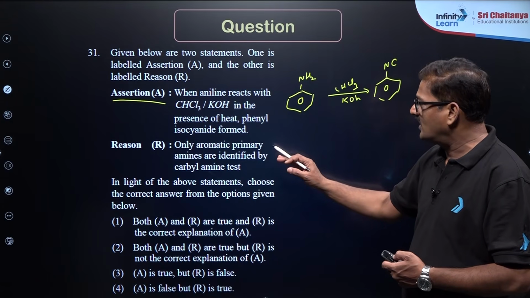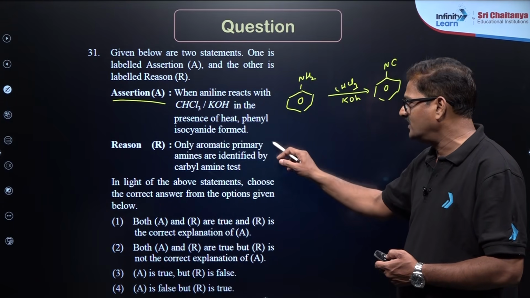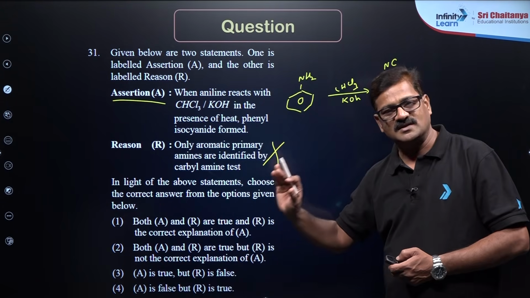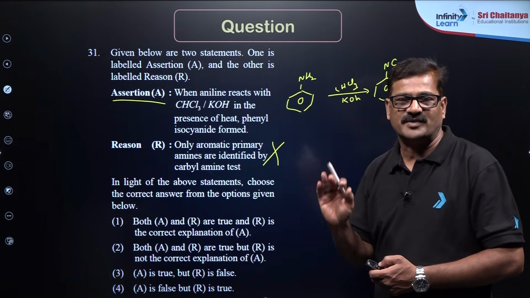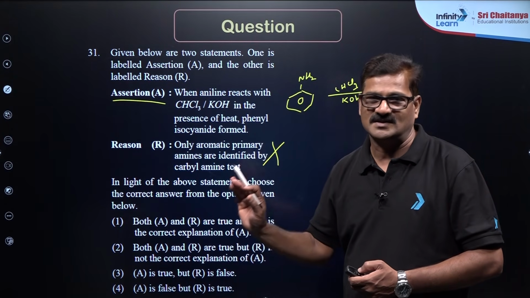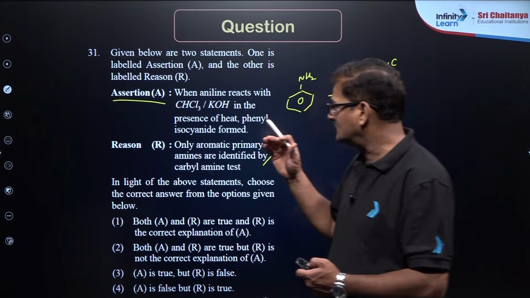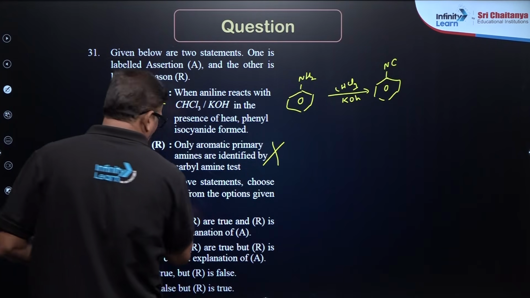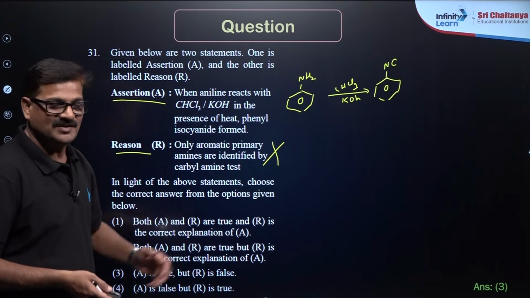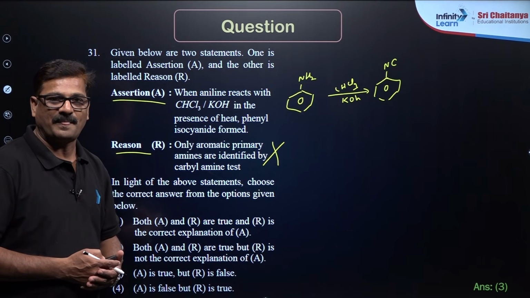Both aromatic and aliphatic primary amines can give this test. So here, A is true or false. Option 3 is the correct answer for this question.